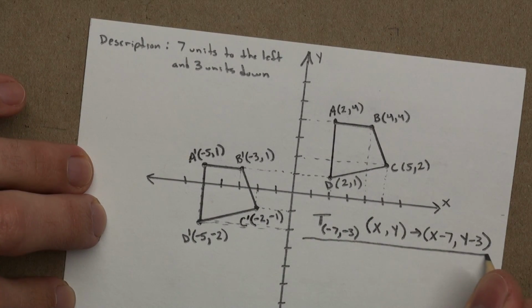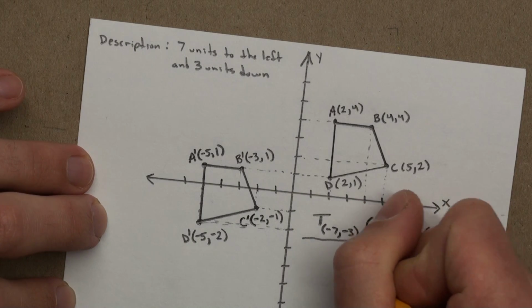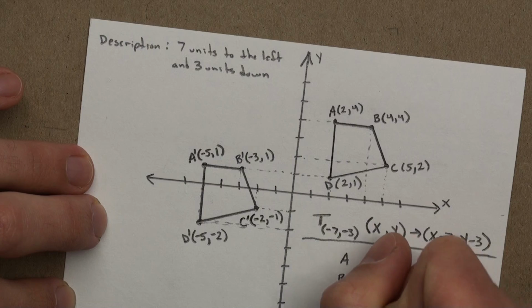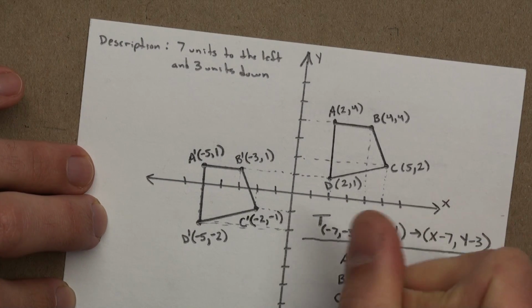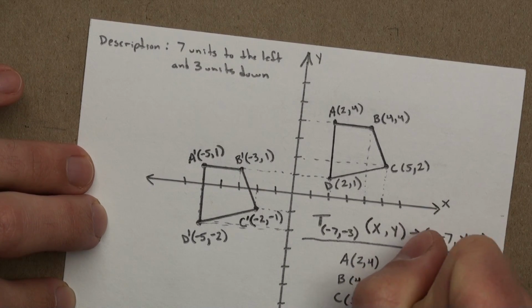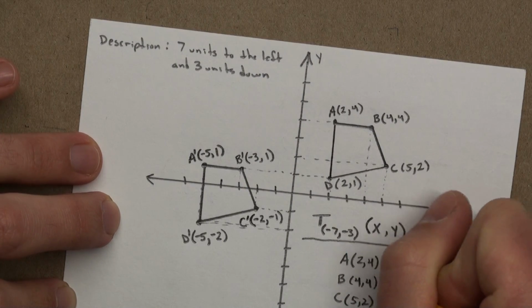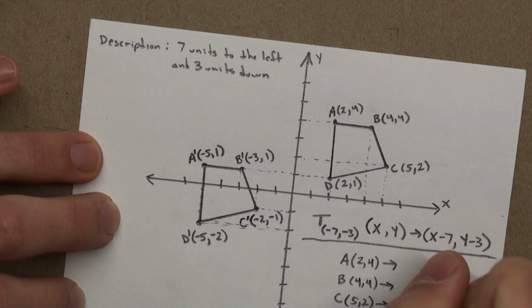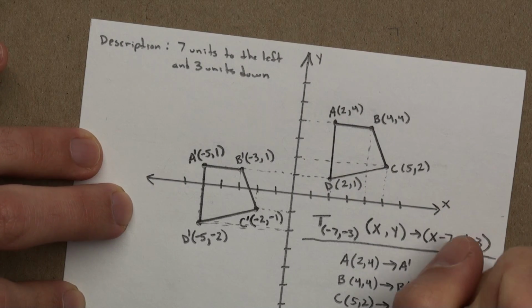So if I use that, I had 4 points, right? A, B, C, and D. And they were (2, 4), (4, 4), (5, 2), and (2, 1). And I just do -7 and -3 to each one, and I get my answers.